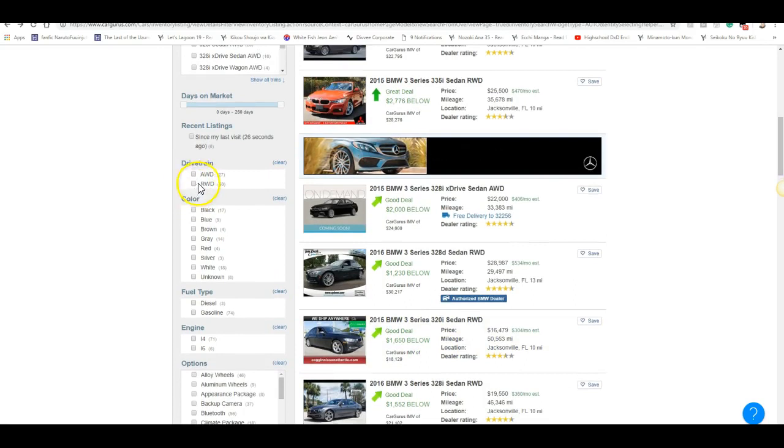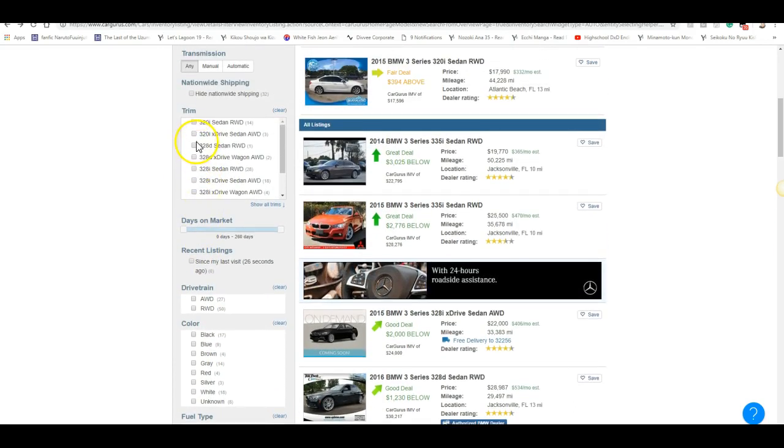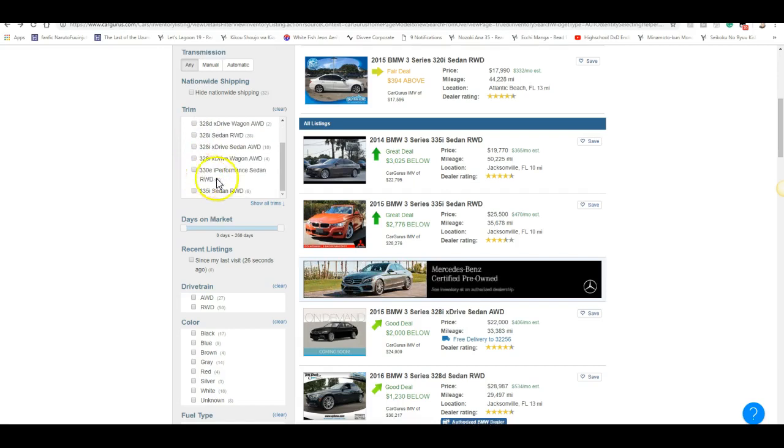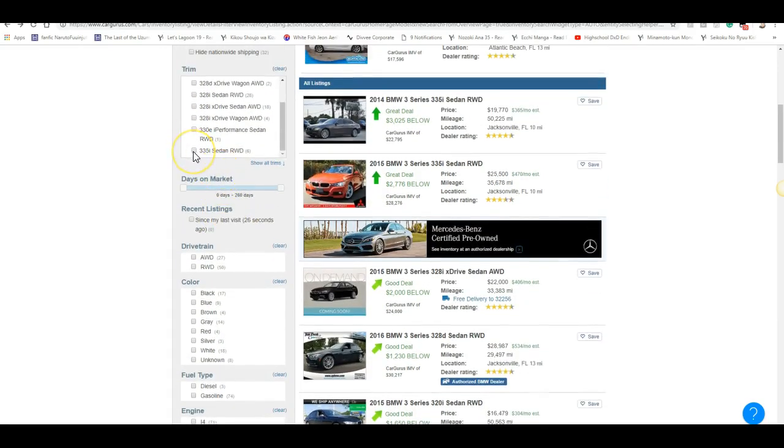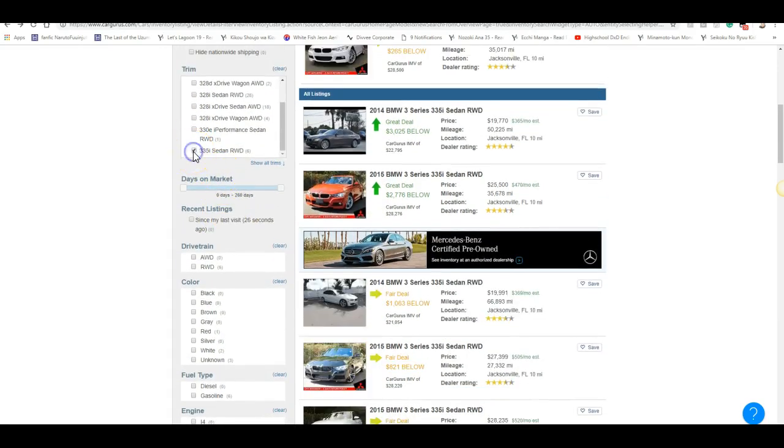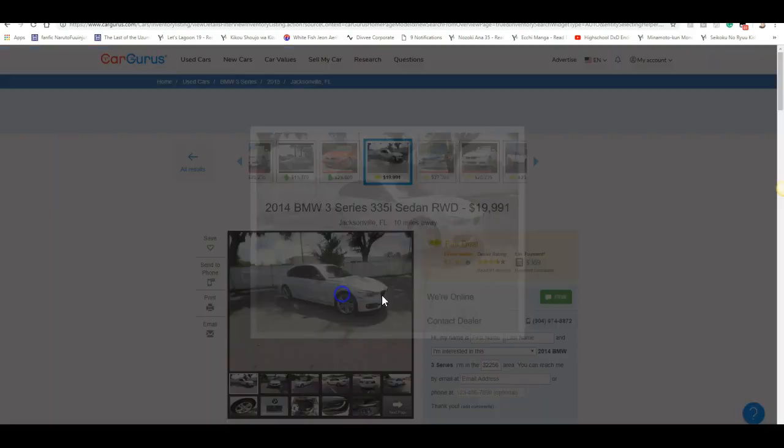Rear-wheel drive, all-wheel drive. 328, 335. That's what I'm looking for. All right, what are we looking for? There's a 335i right here. $20,000.